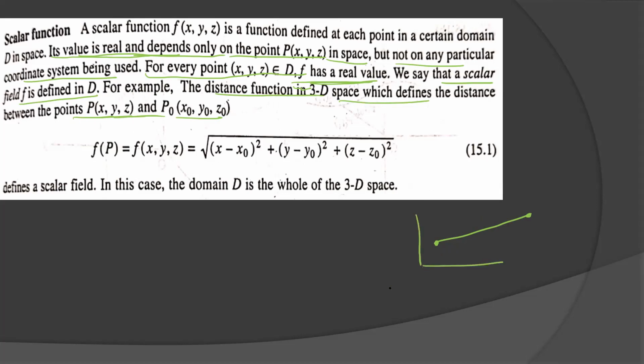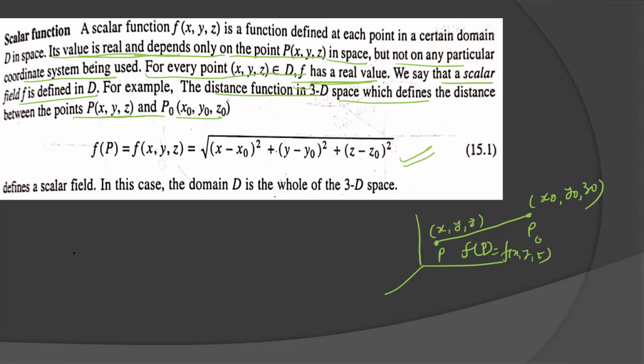We are taking these two points in 3D, P and P0, with coordinates of P as x, y, z and coordinates of P0 as x0, y0, z0. Then I am defining this distance function f(P) from P to P0, or f(x, y, z), as a distance. This is the formula for the distance function.